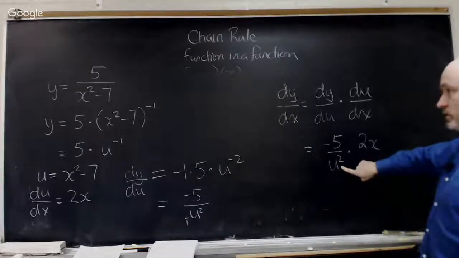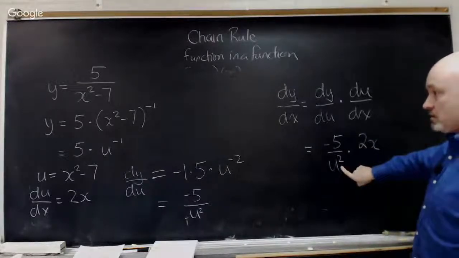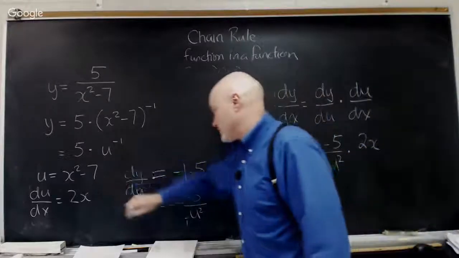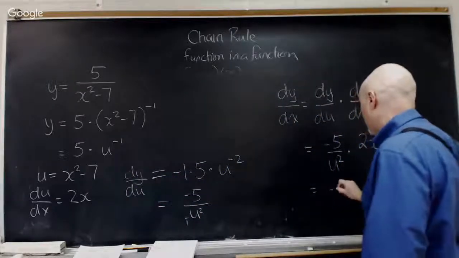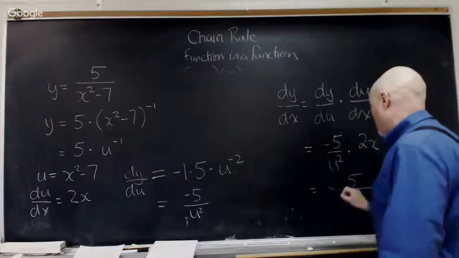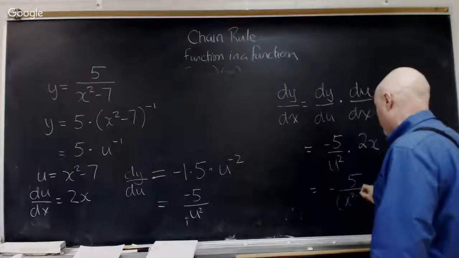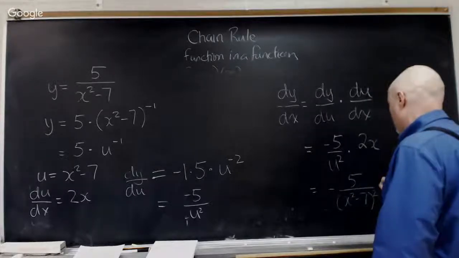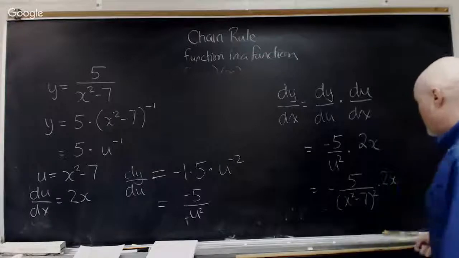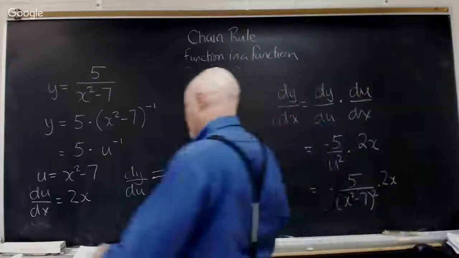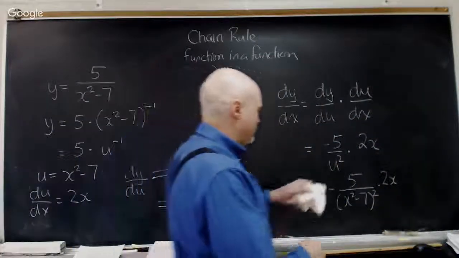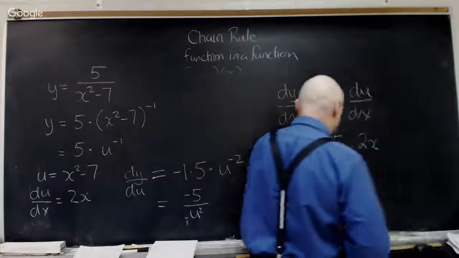I'm all ready to go back and do my substitution because I know that u is x squared minus 7. So it's negative 5 over x squared minus 7 squared times 2x. And I can simplify this a little bit further to become negative 10x over x squared minus 7 squared.